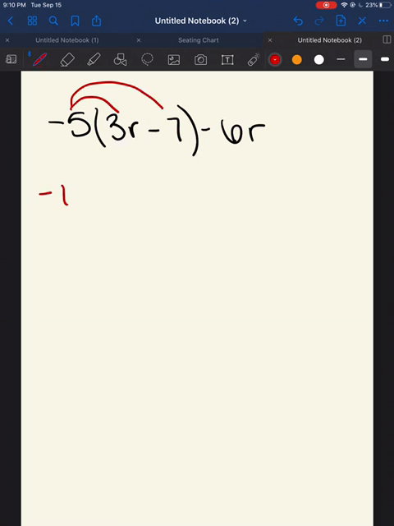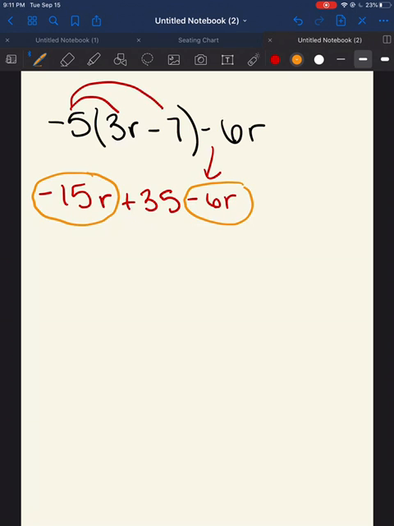So I get a -15r and then a positive 35, and then I still have that -6r there, okay? And from here, I need to combine like terms. Okay, so I'll have a -21r plus 35, okay? So this is going to be my simplified expression.